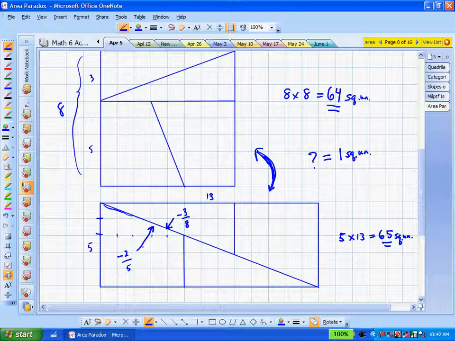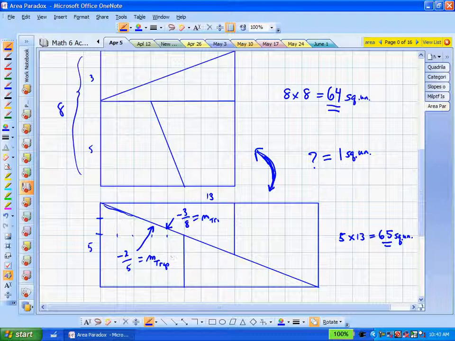So right off the bat, we're seeing, oh, these slopes are not the same. The slope of the trapezoid is -2/5, and the slope of the triangle is -3/8. They are very different.